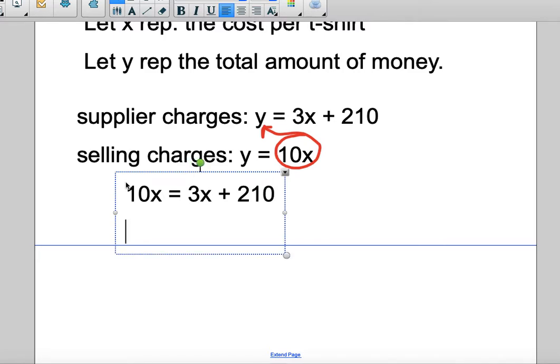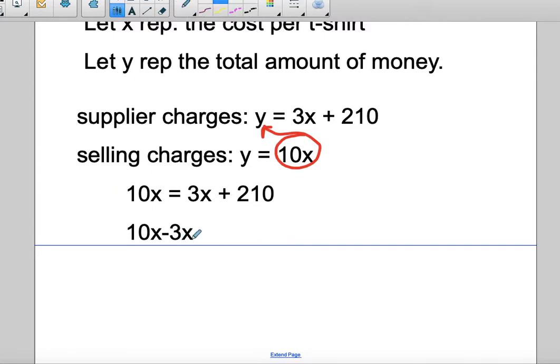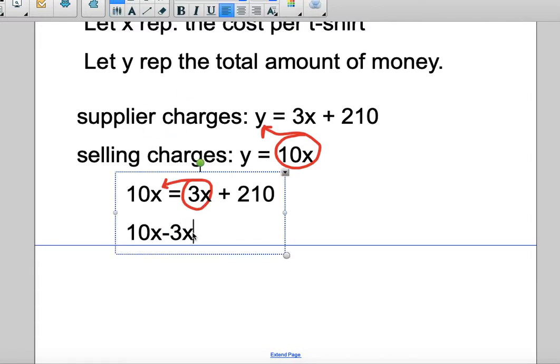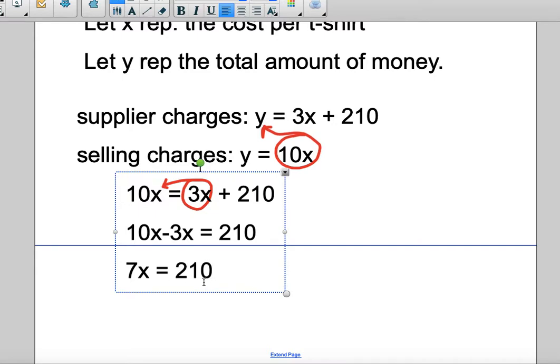So to solve, 10x minus 3x, 10x minus 3x, because we're taking this 3 and we're going to put it to this side of the equation. It's positive on the right side, so we make it negative on the left side. And that is going to be equal to 210. 10x minus 3x is 7x equals 210.